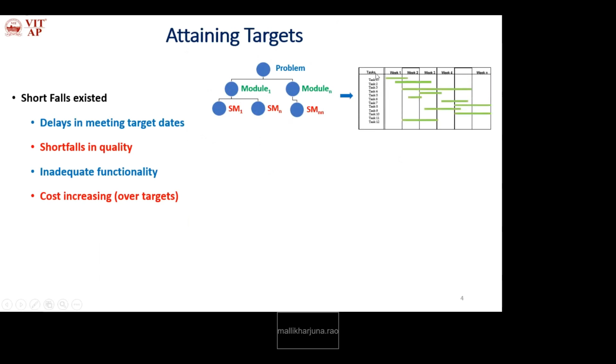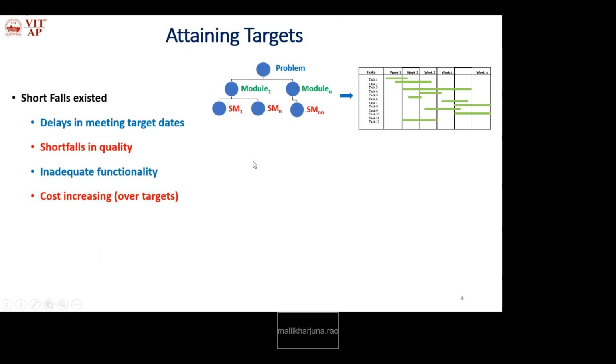Okay, identifying the various tasks in the project development and scheduling the tasks. So that is the start time of task 1 and end time of task 1, start time of task 2, end time of task 2, and so on.